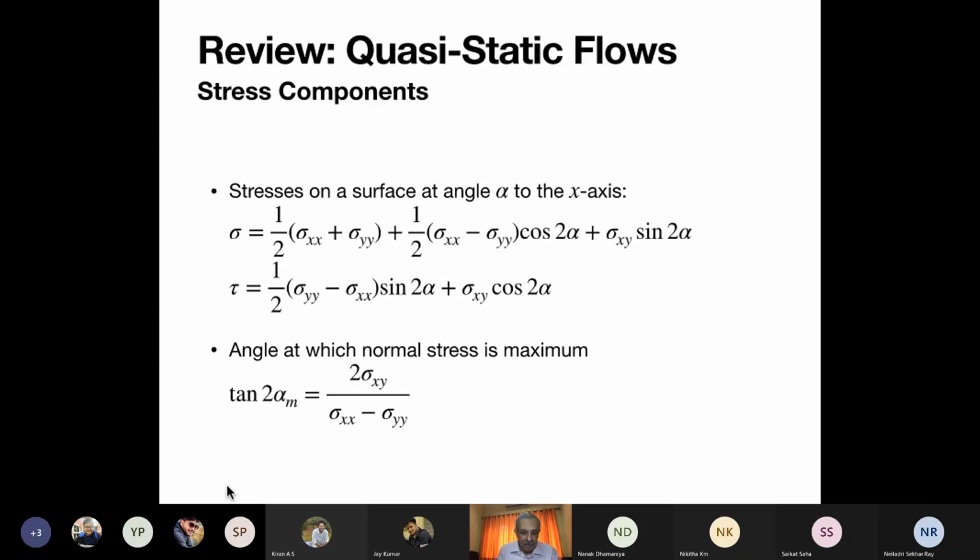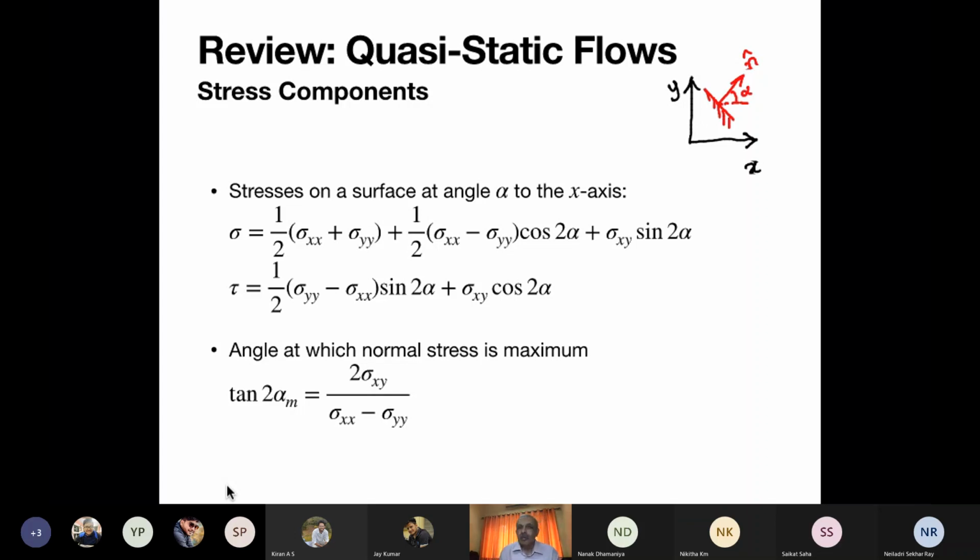So to just go over this, what we said is that if you have any system, and let's say you are given, with respect to this coordinate system xy, another surface whose normal makes an angle alpha to the x-axis.